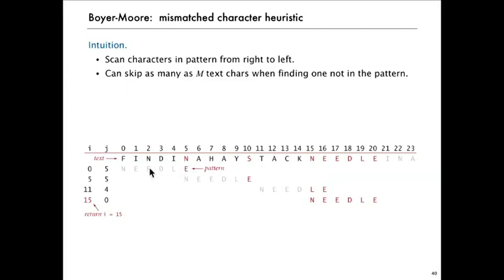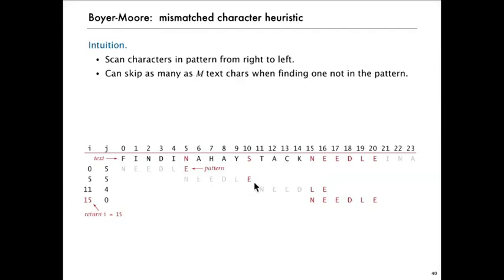For example, if we're looking for a needle in a haystack, if we first look at the last character in the pattern, which is an E, and we find that N in the text, then it's clear that the next possible match is when the N's lined up. Because if there's any other lineup, it'd be all these characters that we know are not N compared against N, so we might as well just move it so the N's are lined up.